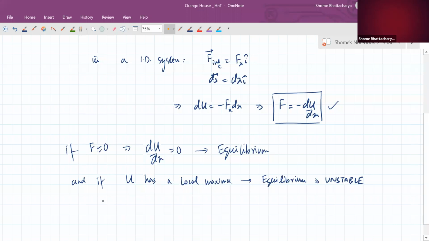Whereas if potential energy has a local minima, equilibrium is stable.